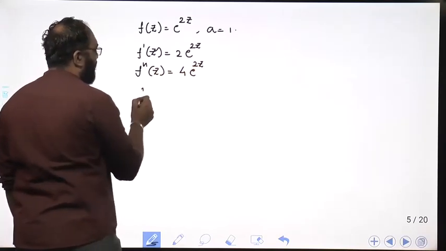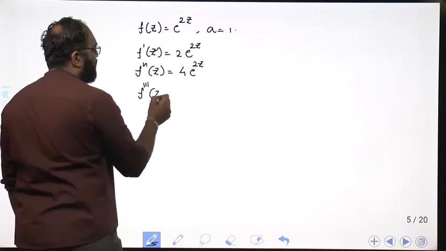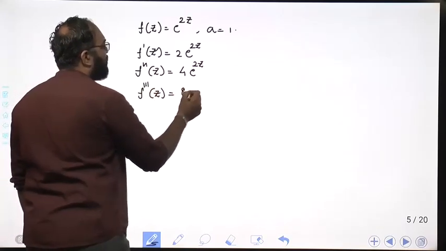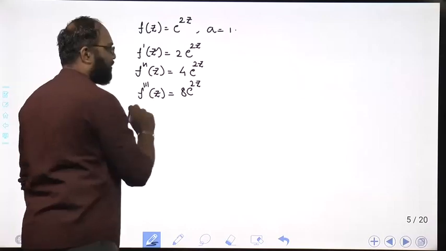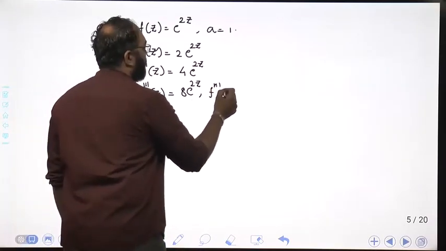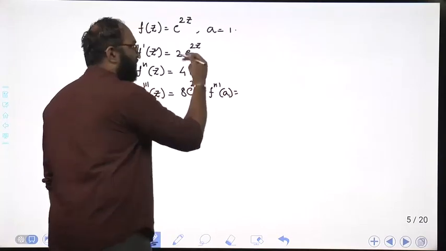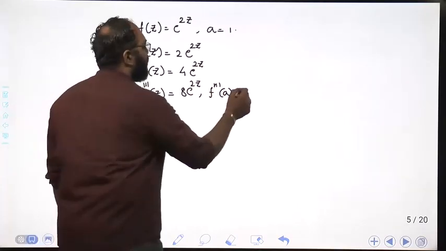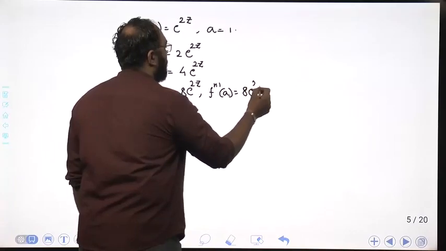And f triple dash of z is how much? That is 8 into e to the power 2z. Yes, clear? And that is f triple dash of a, which is f triple dash of 1. What will that be? 8e square.